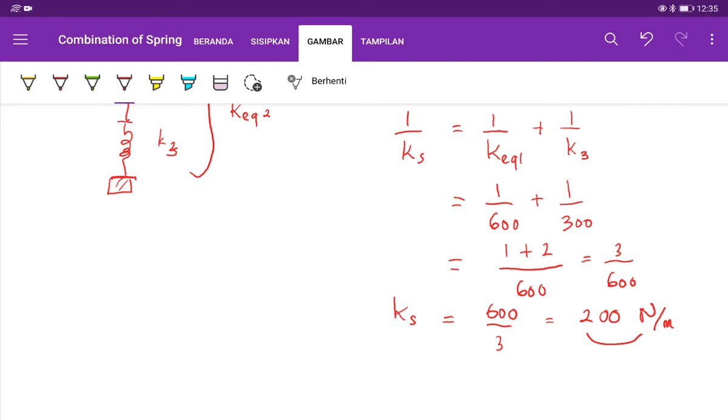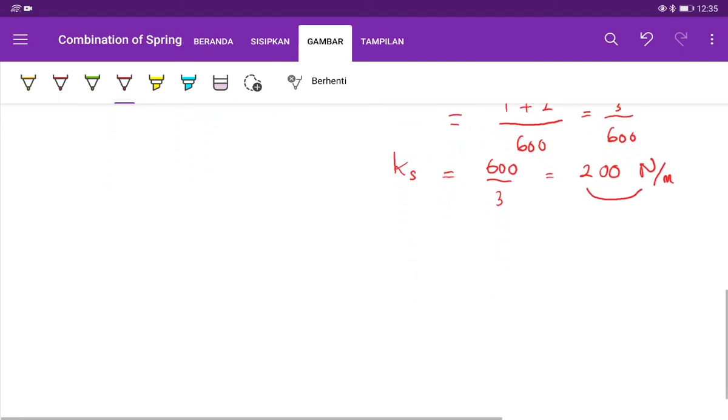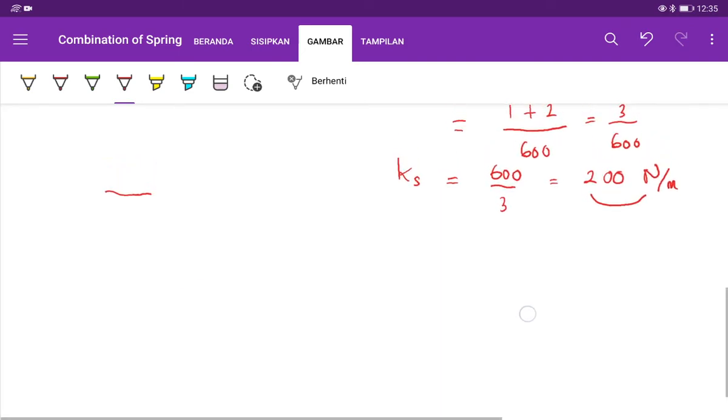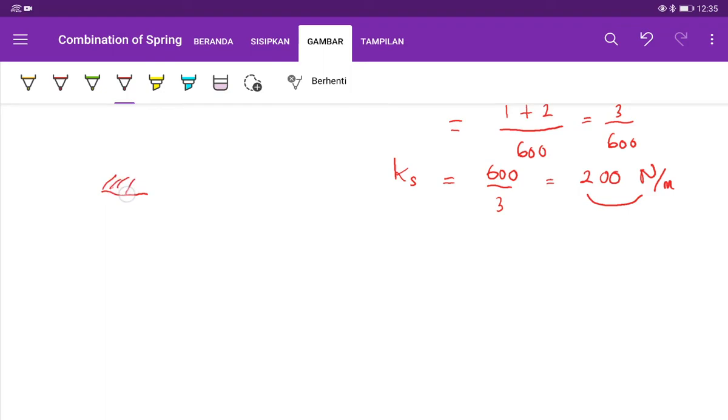After that, we find that the object can be illustrated in this condition. We have a spring equivalent 2, which is Ks, 200 Newton per meter.